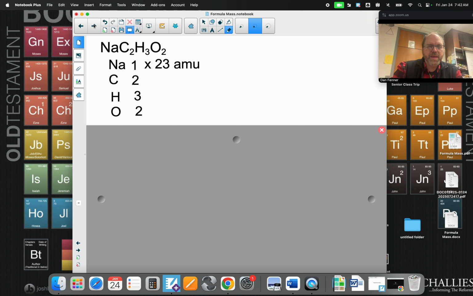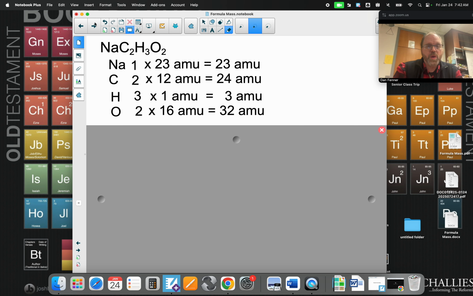Going to multiply. From the periodic chart, sodium is 23 AMUs, carbon is 12, hydrogen is 1, oxygen is 16. We multiply through. 1 times 23 is 23 AMUs. 2 times 12 is 24 AMUs. 3 times 1 is 3 AMUs. 2 times 16 is 32 AMUs. Add them up, 82 AMUs.